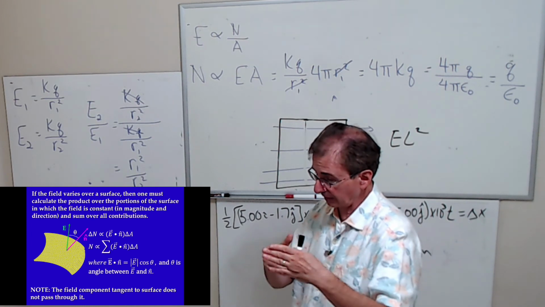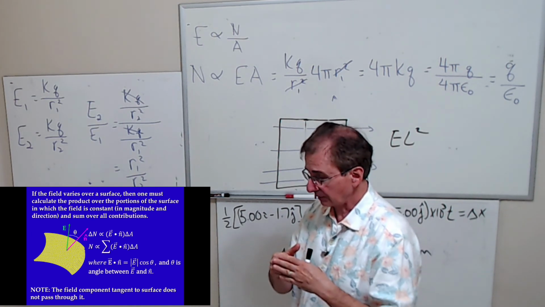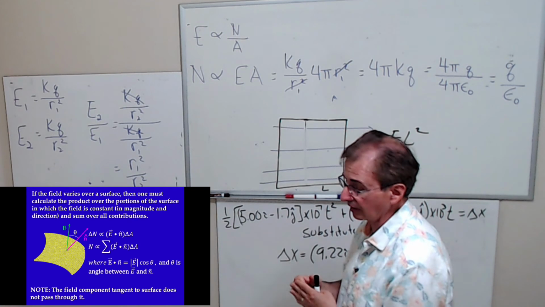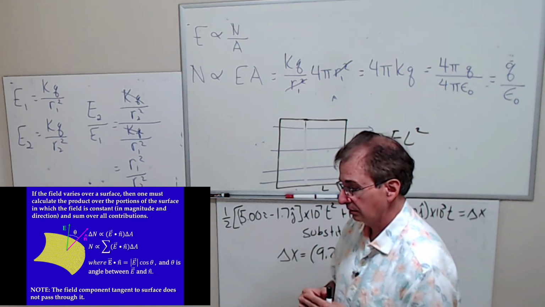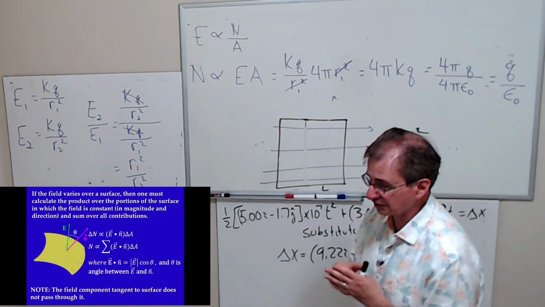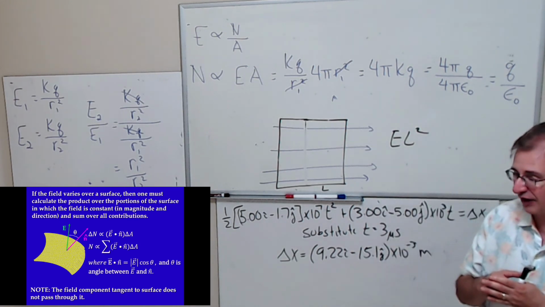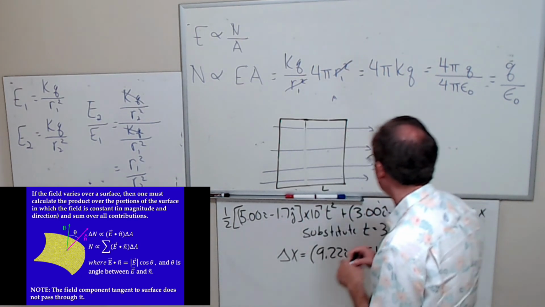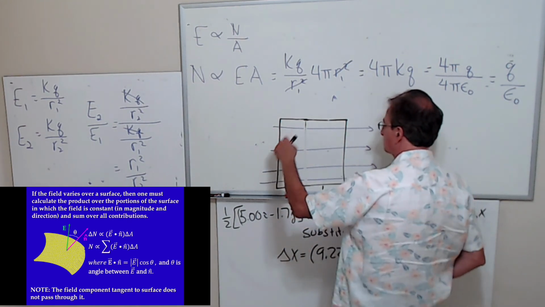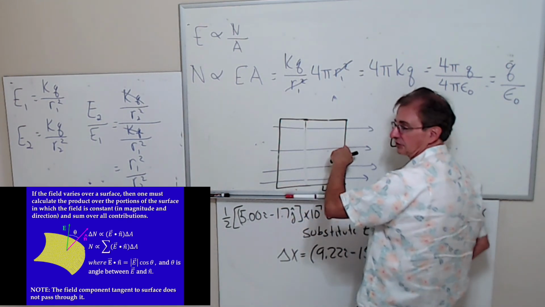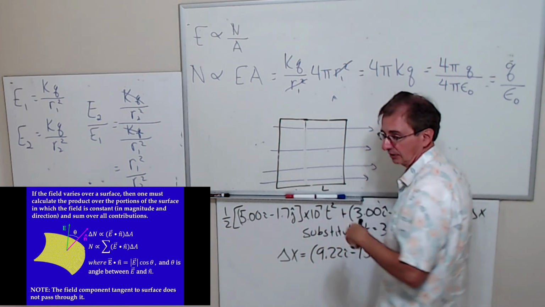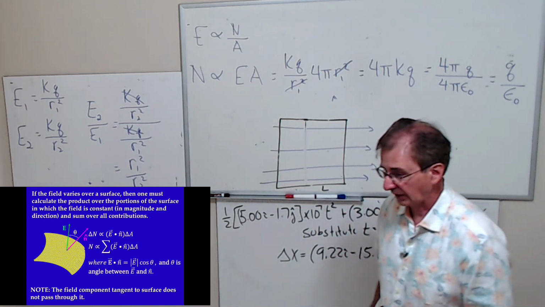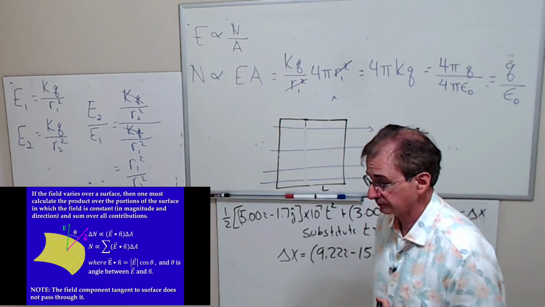Sometimes I can make that piece finite in size, but sometimes I have to make that piece infinitesimally small. What I've drawn here is the case where the area is finite in size. And so to get the total n, you find the number of lines going through this surface, plus the number going through this one, plus the number going through this one, etc. And so that's why I have that summation there.